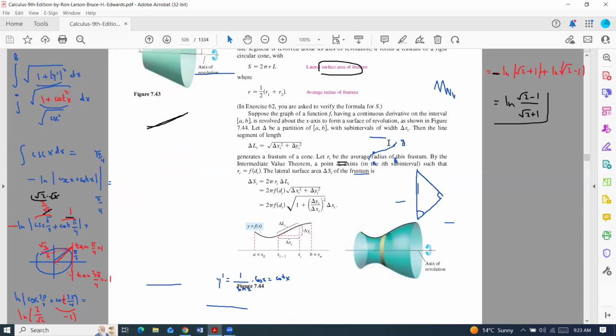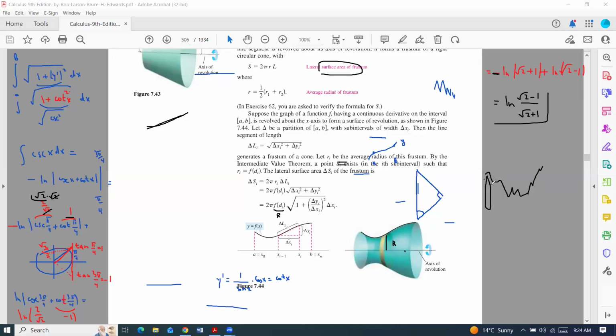So they take 2 pi r, but instead of r, they use values of the function, since the radius is not constant in this case. The radius is r here, and at another point there would be another radius, so it varies. In fact, you could find some tricky curve also rotated to produce a surface.